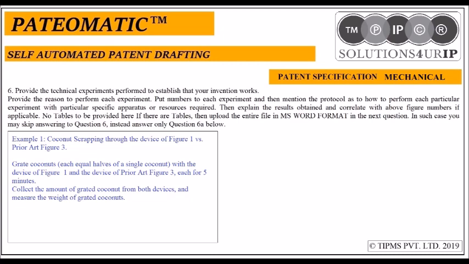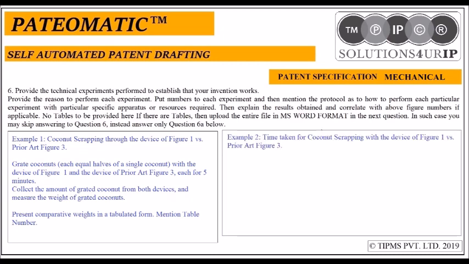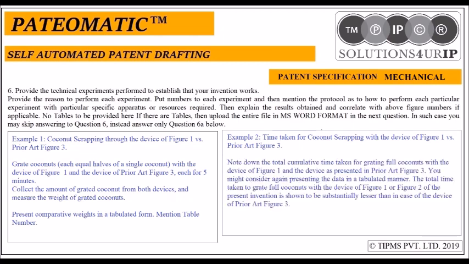In the first example, we established that the amount of coconut grated in the same amount of time is higher in quantity when grated with the presently invented device in comparison with the device shown in prior art figure 3. Then, in the next example, we established that grating coconuts is much easier and faster with the present device as compared to the device of prior art figure 3.